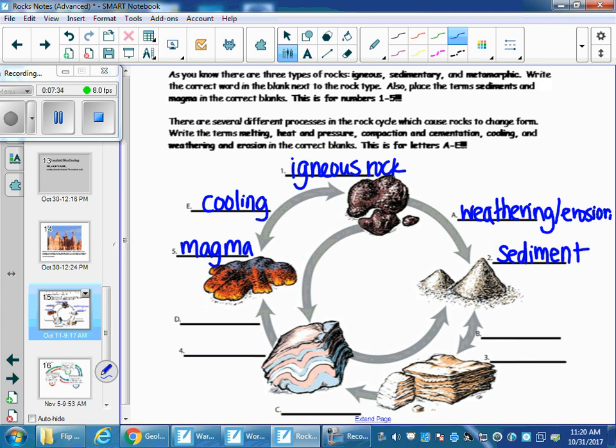When that sediment builds up and there's all sorts of pressure on it and some different things get added in here, we actually create sedimentary rock. And that process that creates it is called compaction and cementation.